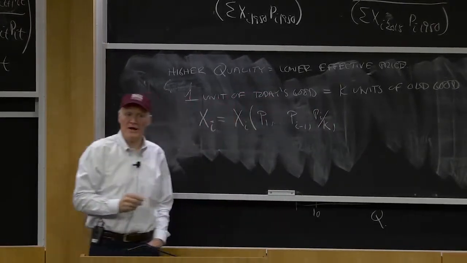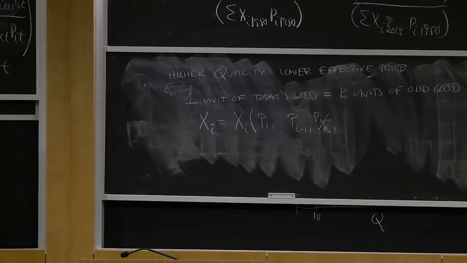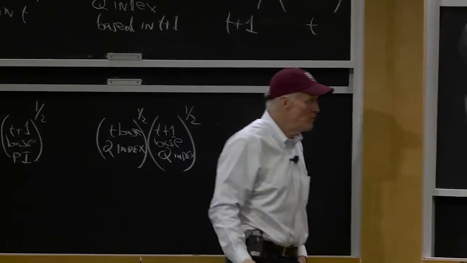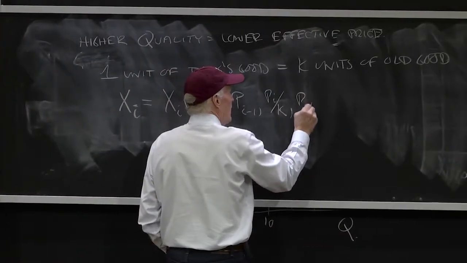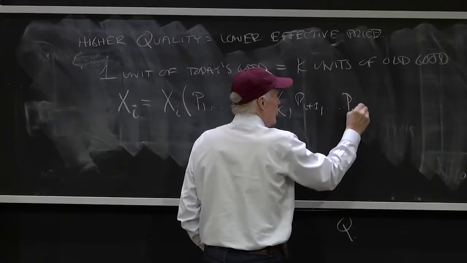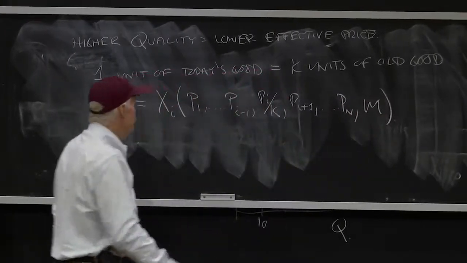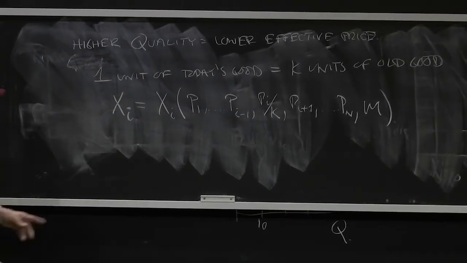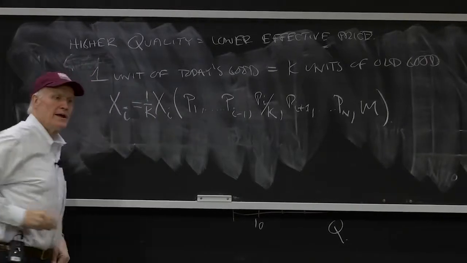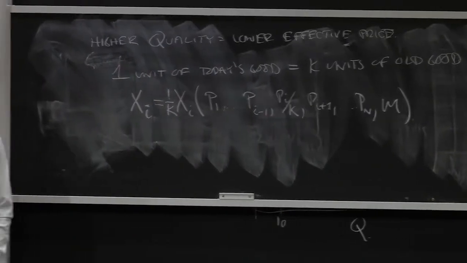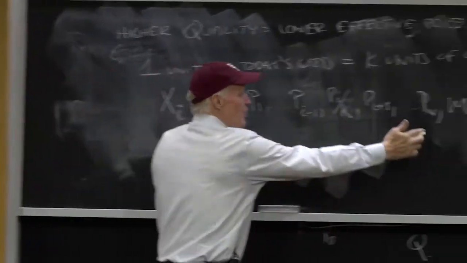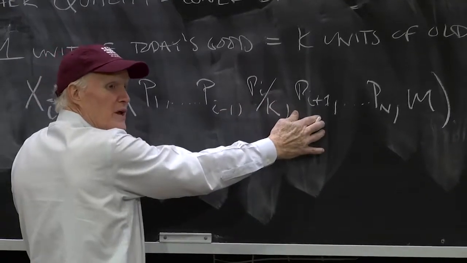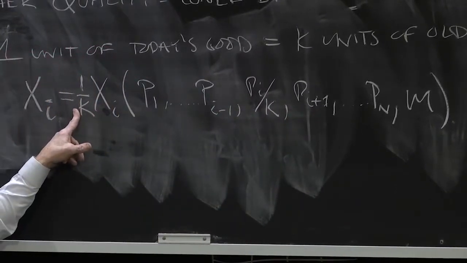That is, the per unit price would be effectively reduced by the factor k. The cost per unit is half of what it used to be if k is equal to 2. Then pi plus 1 up to pn and m. That would be the amount of good i that I would buy, except I have to multiply by 1 over k. Why? Because this is how many of the old units I want at the new price. But every old unit only requires 1 over k new units.